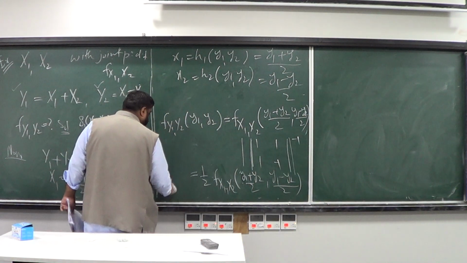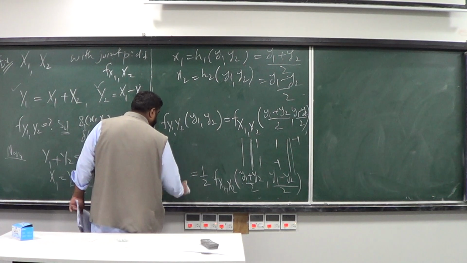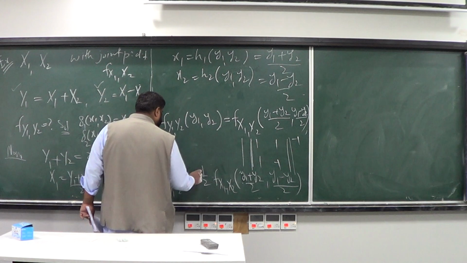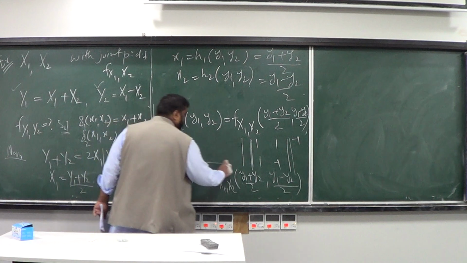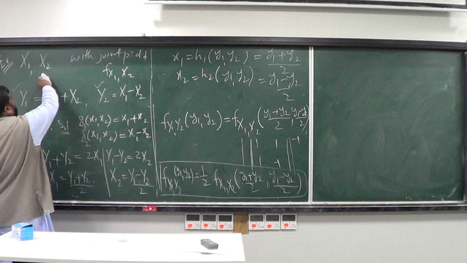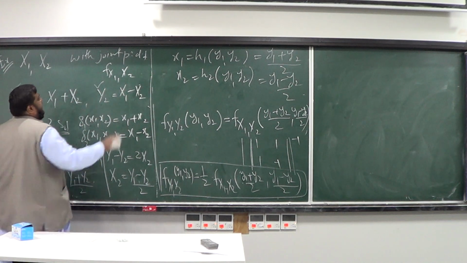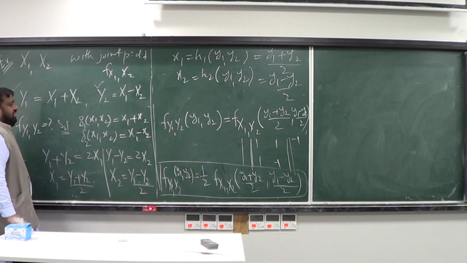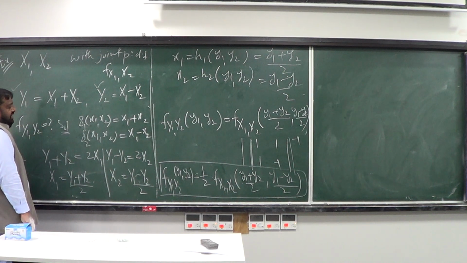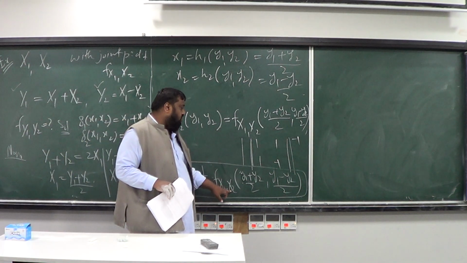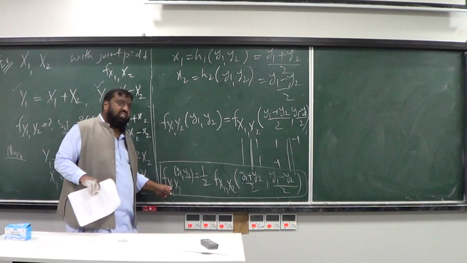In other words, x1 and x2 can have any distribution and any PDF, but y1 and y2 are written in this manner. Okay, then the CDF is going to be this. So if you know the joint CDF of x1 and x2, you know the joint CDF of y1 and y2.